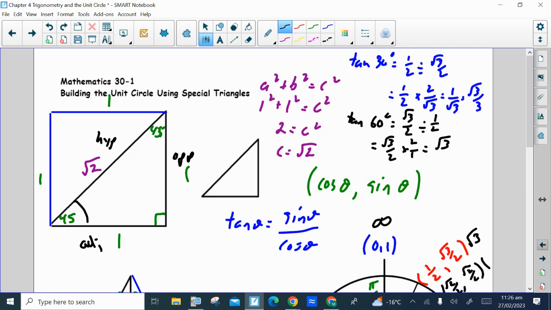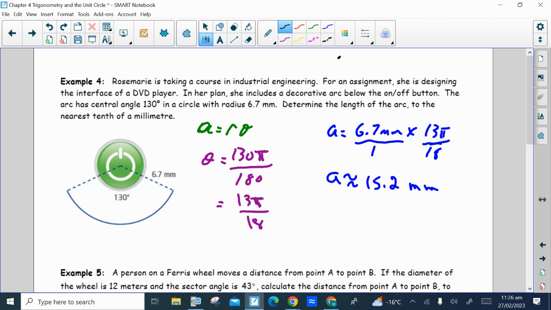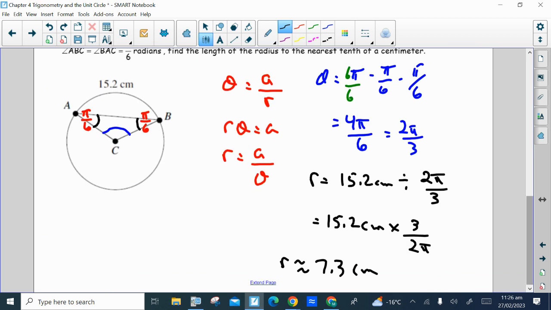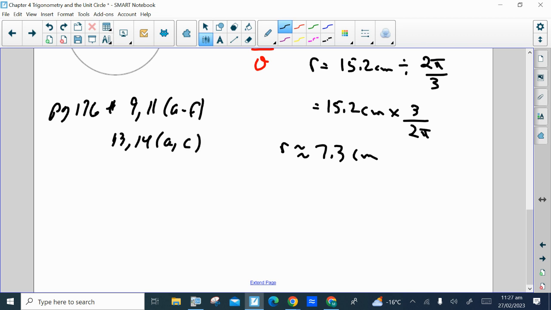So if we back up, some questions that you can do for practice will be on page 176, questions 9, 11, A through F, 13, 14, A and C only. So I'd like you to work on those for today. We'll continue talking about the unit circle tomorrow.